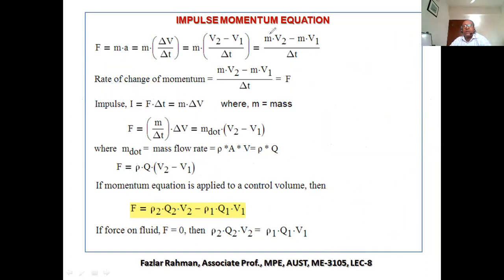So overall, this is the equation to figure out the force in the pipe. For liquid, normally incompressible, rho 1 and rho 2 normally remain constant. And if the pipe diameter is the same, then Q1, Q2 will be the same. And if these two are the same, then there will be no force on the pipe.